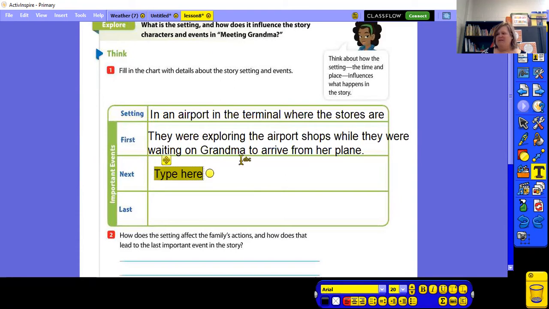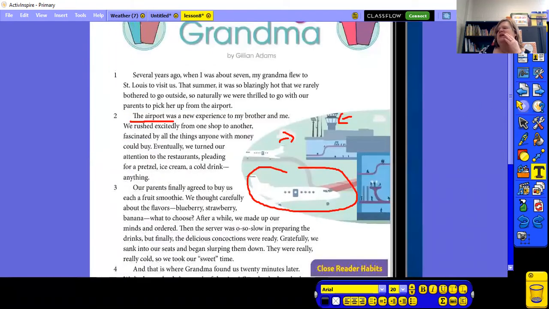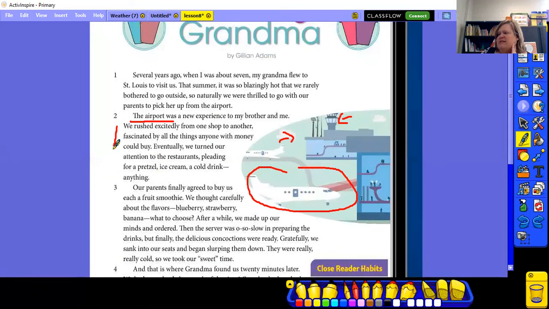Next, what happens? Well, let's go back and see. So it says that here we wrote this, they're exploring the stores, but now they begin pleading for a pretzel, ice cream, and cold anything, and the parents finally agreed.